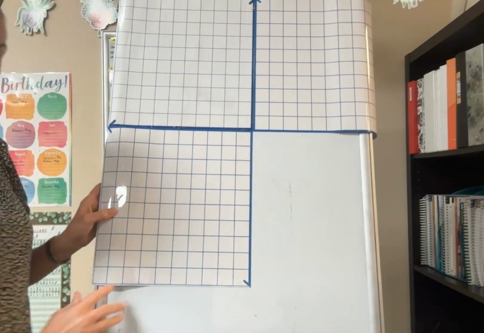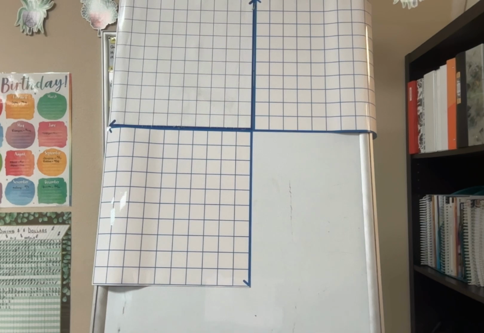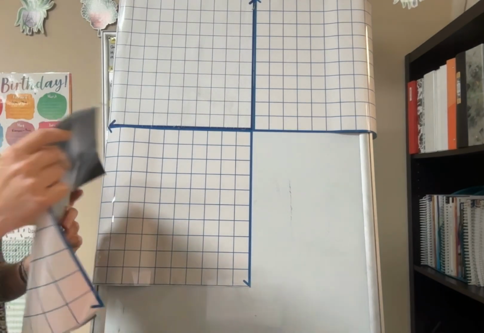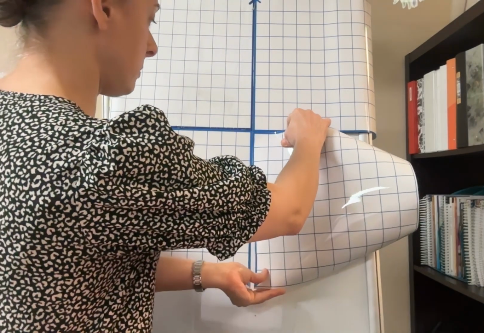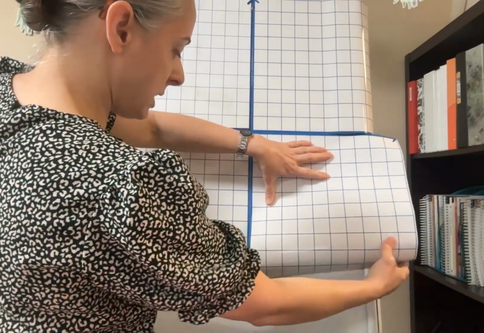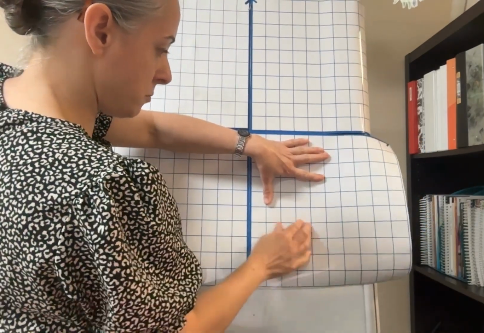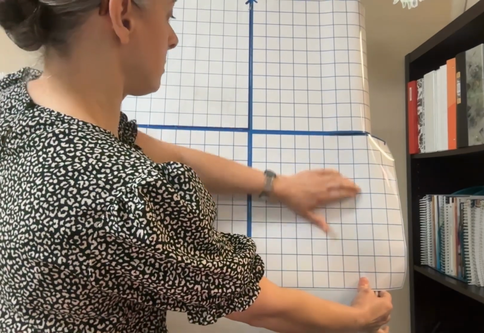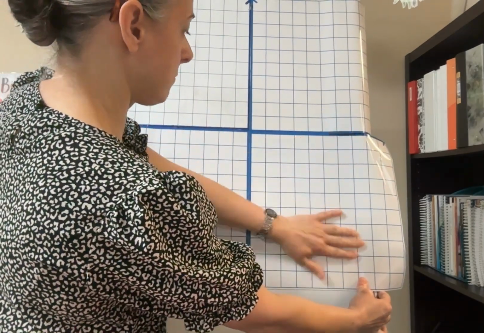I guess I need to lay these out overnight with heavy books on them or something and kind of flatten them out so they would stick a little bit better. Plus I need a much bigger marker board. I think if I am the primary math teacher again next year in this same classroom, I'm gonna have to get a much bigger board.